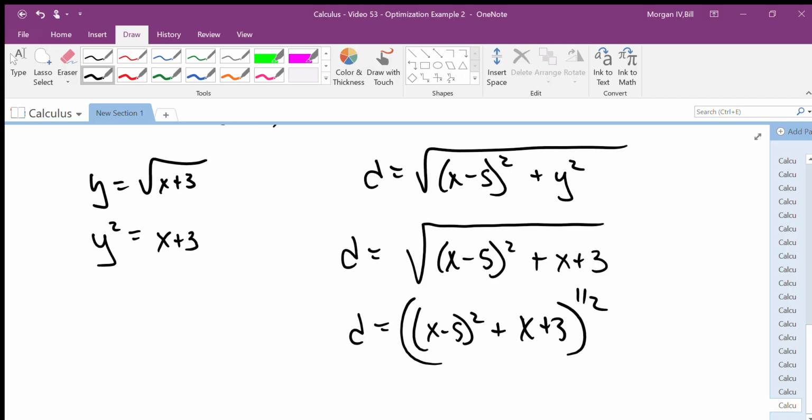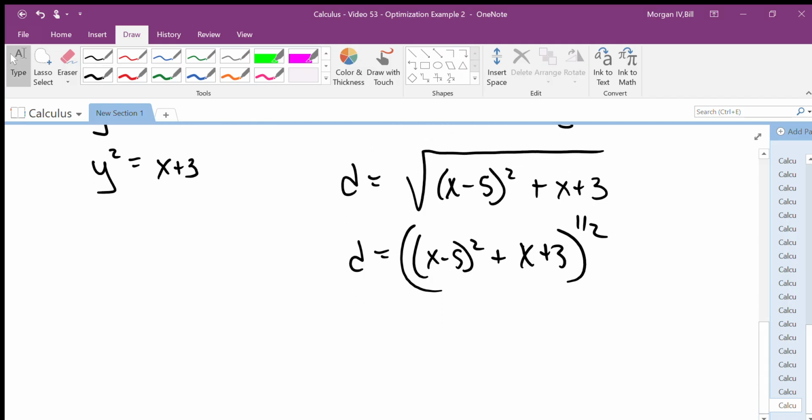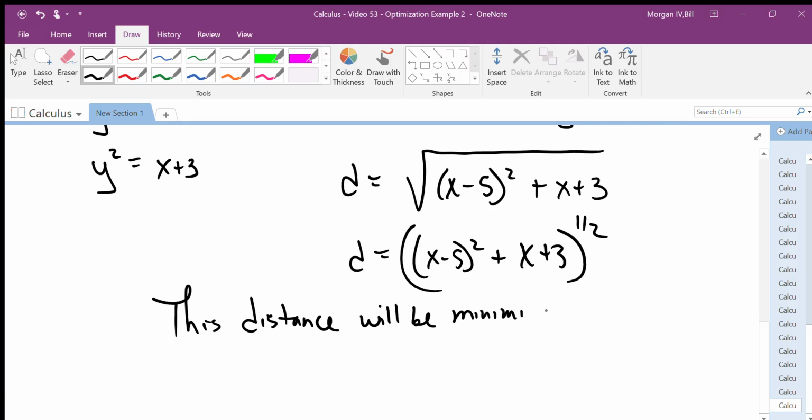So what I want to do instead is think about this. This distance will be minimized whenever the inside of the square root is minimized.